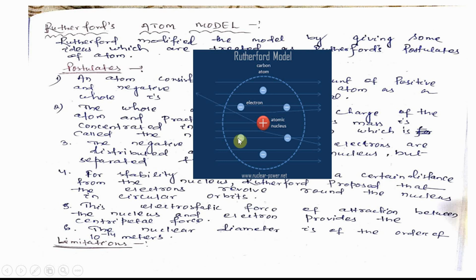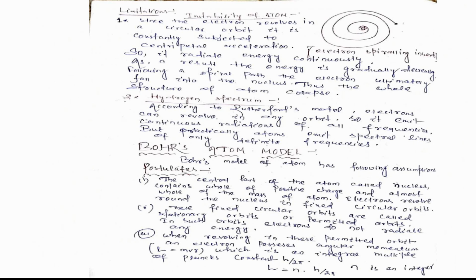That red mark shows the whole of the atomic nucleus, and the electron is revolving, but there is no fixed orbit. It may rotate around the atomic nucleus, and that is where the basic drawbacks come in the Rutherford model. So what are the limitations or drawbacks we have to now discuss?